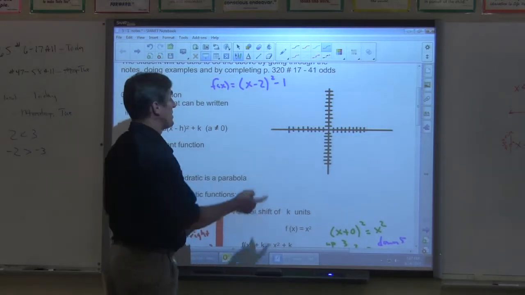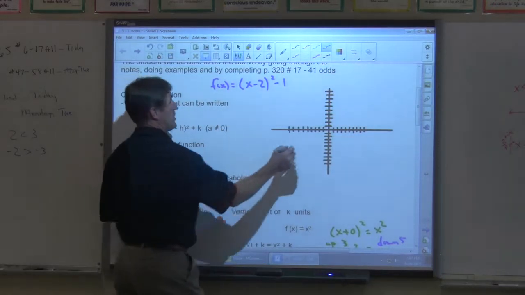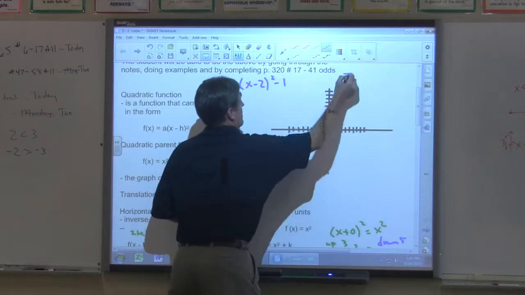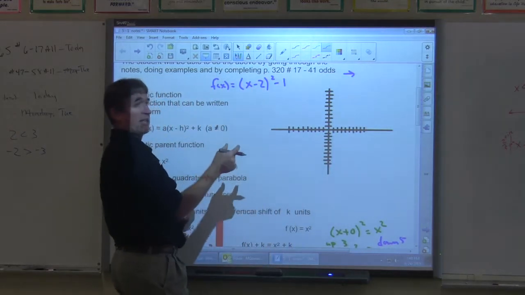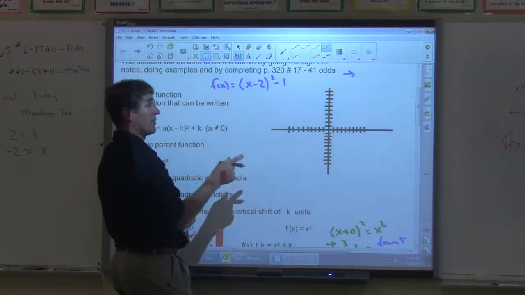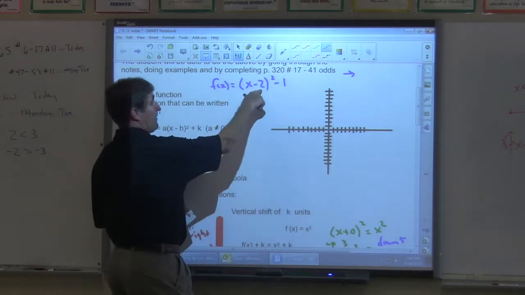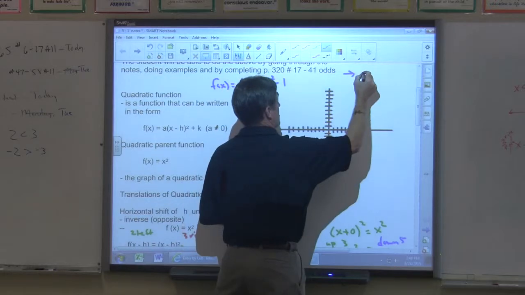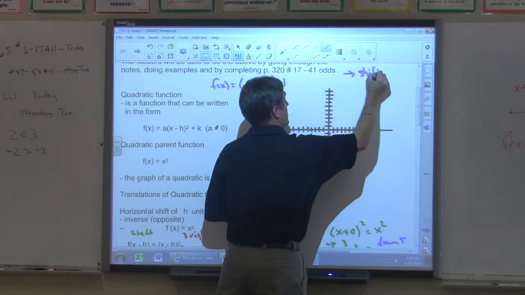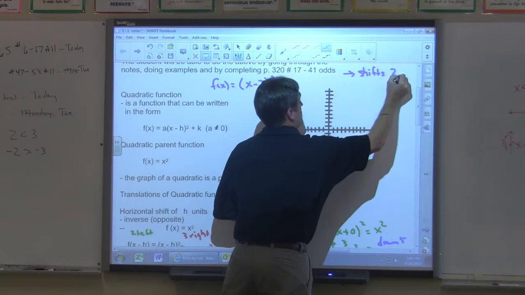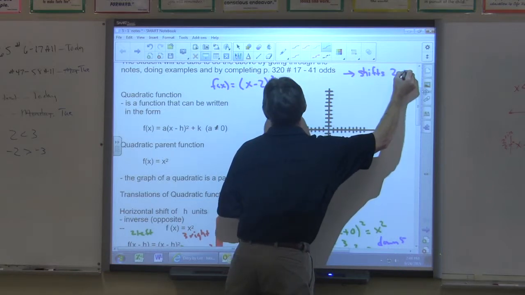So a couple things. Let's go through the transformations first. One transformation is it's minus 2, so it's inside, so it's horizontal, and it's the inverse of what it says. The additive inverse of minus 2 is plus 2, so that would be shifts to right.